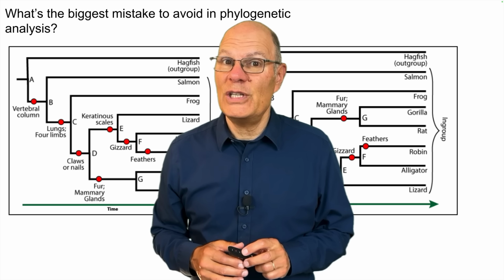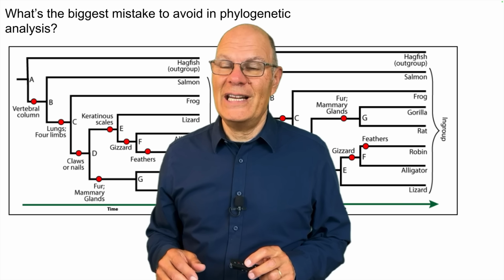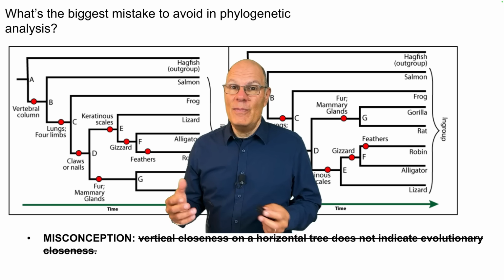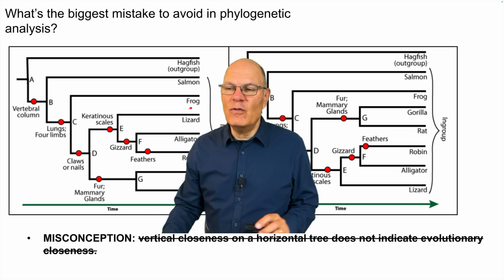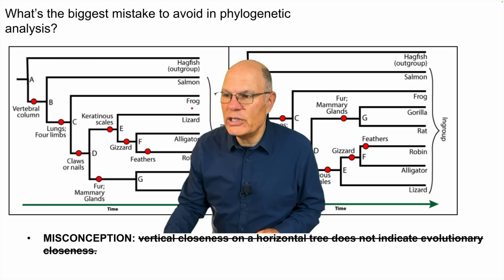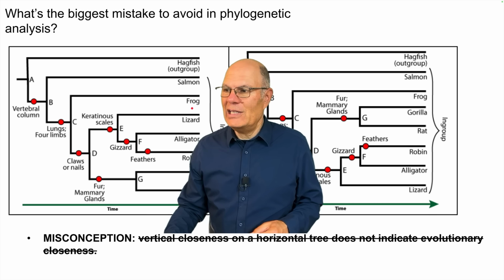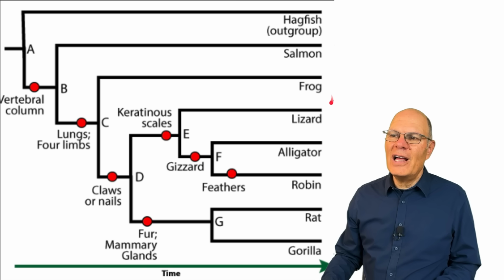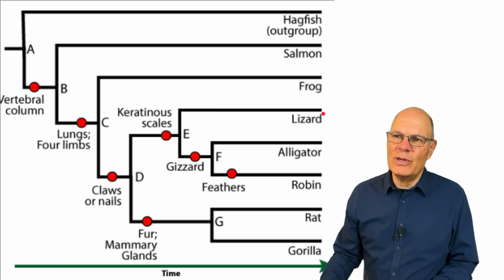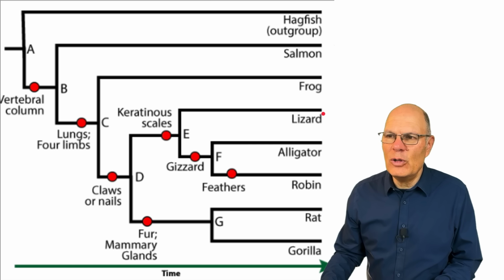What's the biggest mistake to avoid in phylogenetic analysis? The misconception that many students naively have is that vertical closeness on a horizontal tree indicates evolutionary closeness, but it doesn't. For example, the frog and the lizard are next to one another, but they're not particularly closely related.